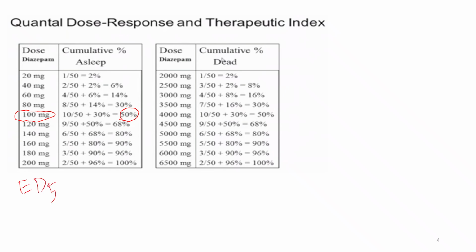So the ED50 of diazepam is 100 milligrams. Whereas diazepam starts producing the lethal effect from 2000 milligrams onwards. At 50%, that is 4000 milligrams. So that is the lethal dose 50%. So LD50 for diazepam is 4000 milligrams.